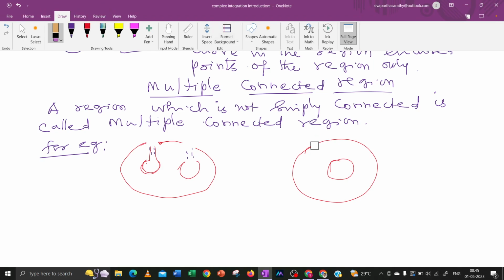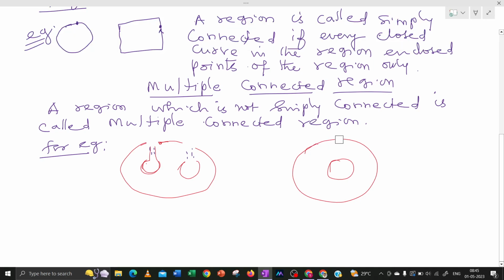Okay. Even this multiple connected region may be converted into a simply connected region. How?